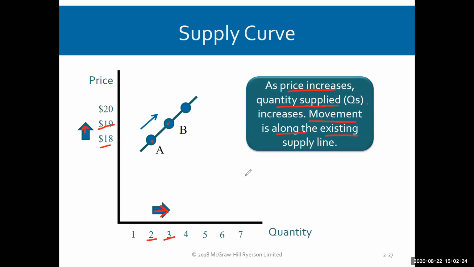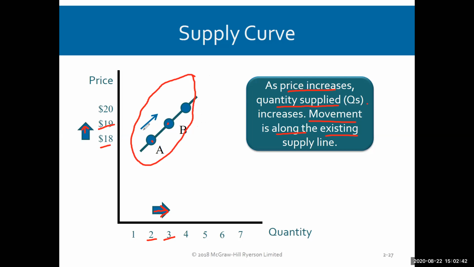So if you recall what I asked in demand, here I'm going to ask the same skill testing question. What happened to supply here? And the answer is nothing, because this is supply. That's the supply curve. It didn't change. That relationship is still there.